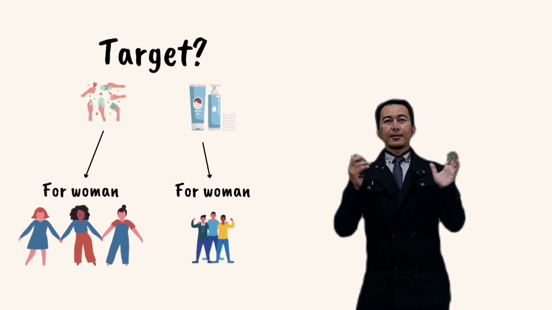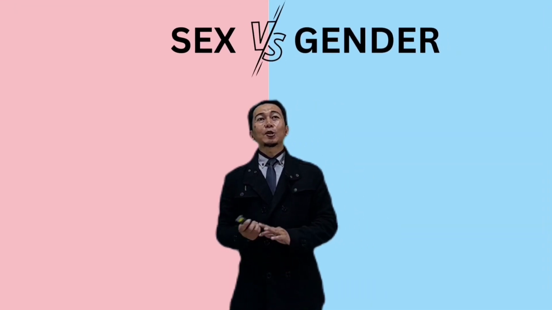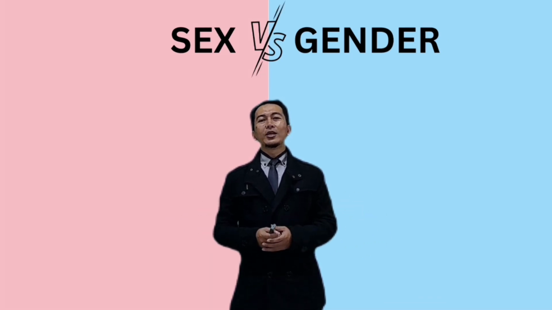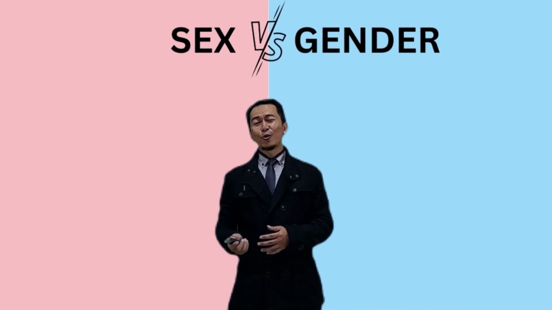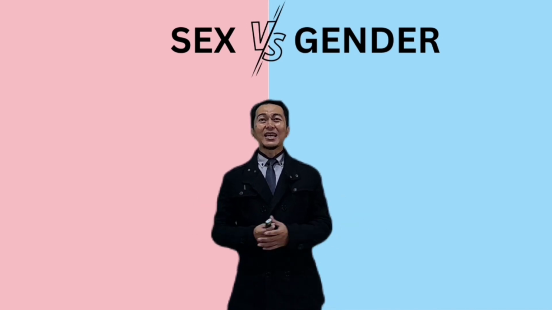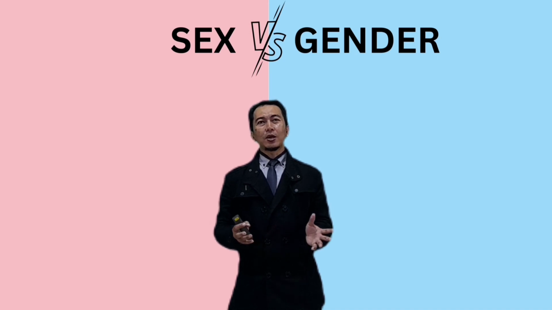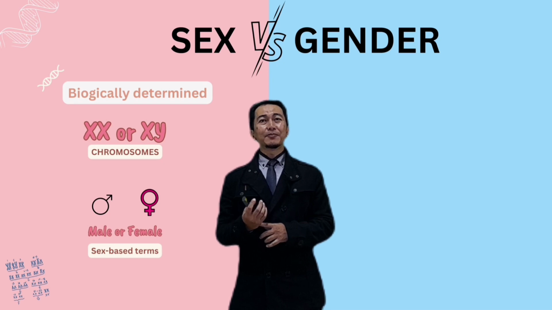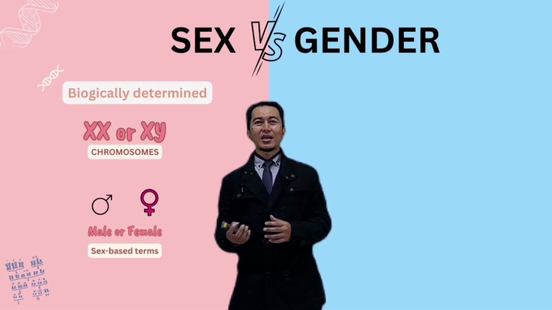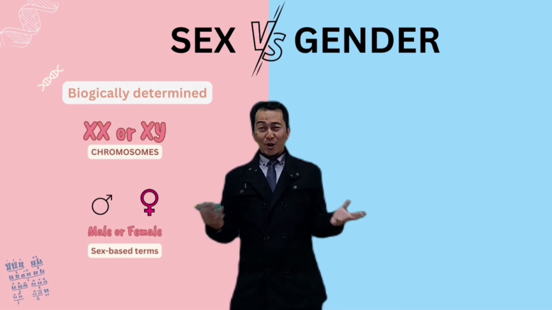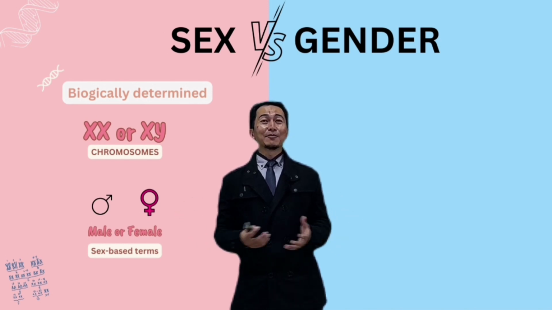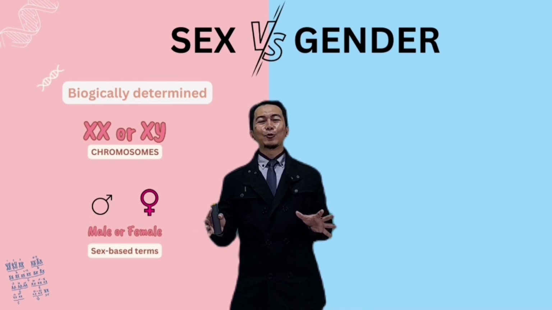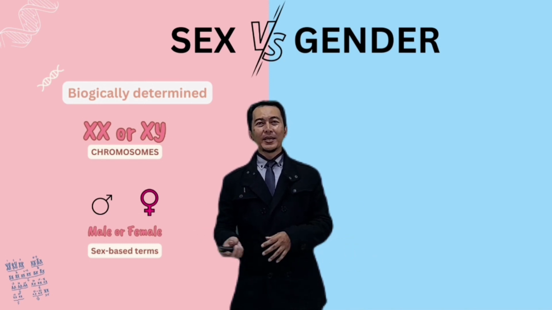All right, students, let's see about gender stereotypes. In our life, in academia, we know about sex and gender. What is the difference between sex and gender? First, sex is biologically determined as XY or XX. It means the chromosomes. In psychology and biology, we know this is sex between men and women.